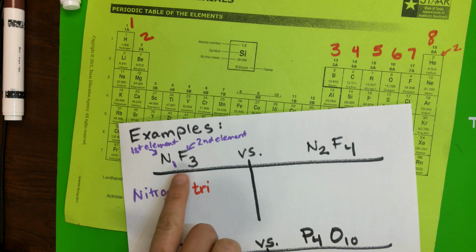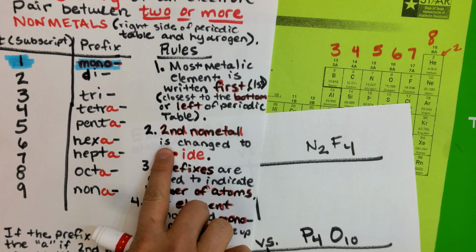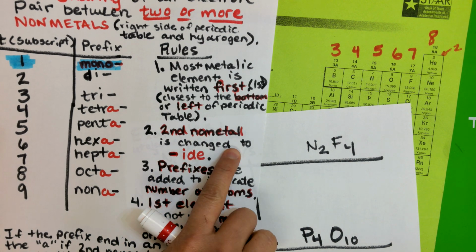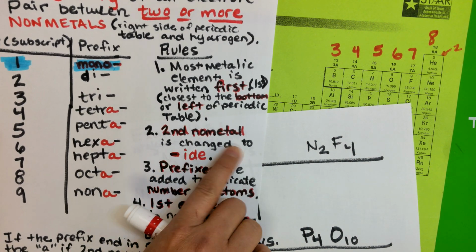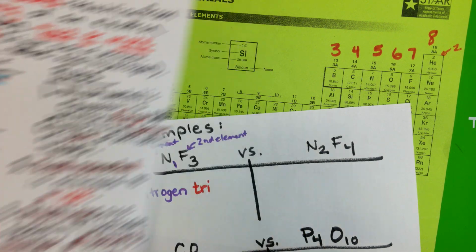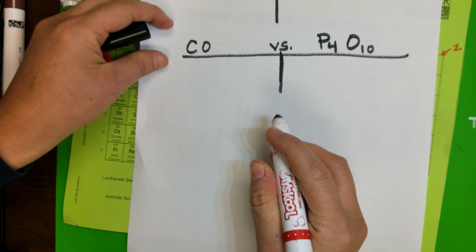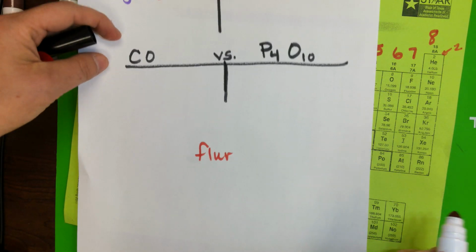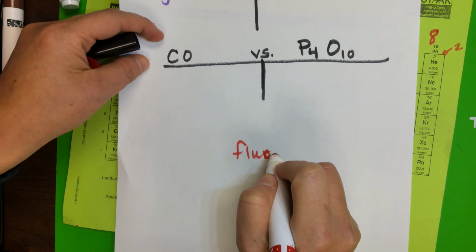Then also the second nonmetal is changed to ide at the end. So the second nonmetal is changed to ide. So since it's fluorine, fluorine.